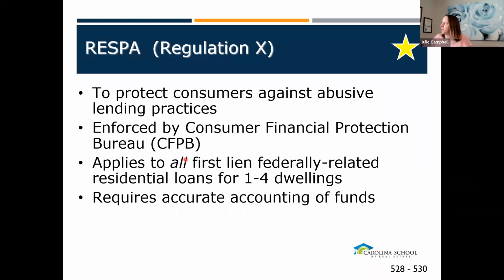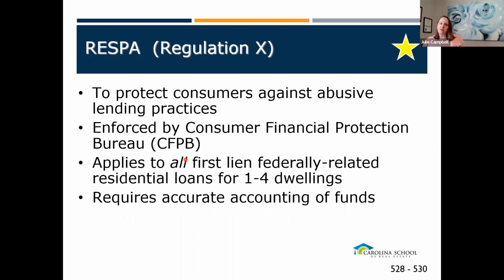It helps the consumer better understand their costs to close. Again, when you see RESPA, it's the Real Estate Settlement Procedures Act. See the word settlement. RESPA tells the consumer the cost to close.